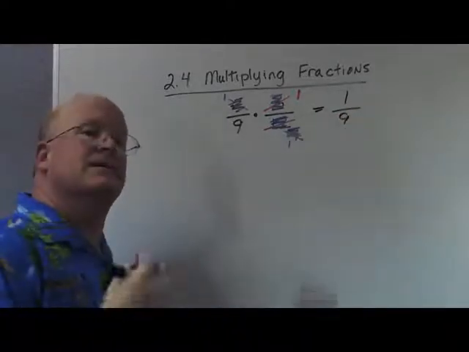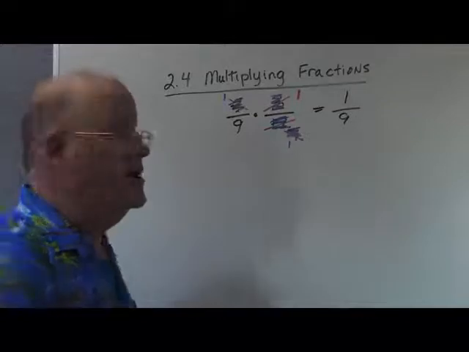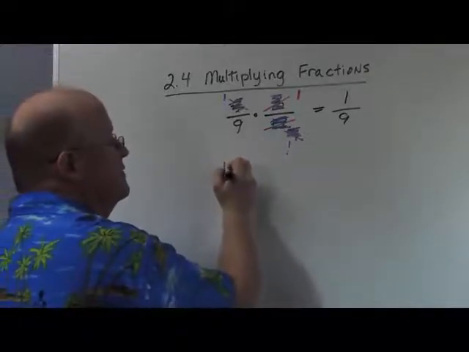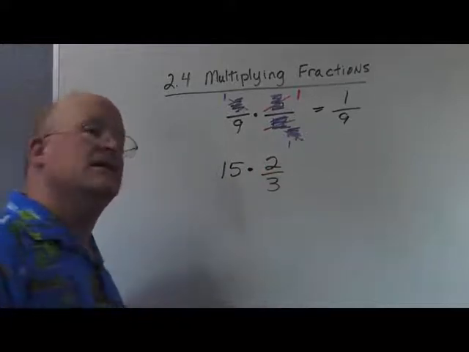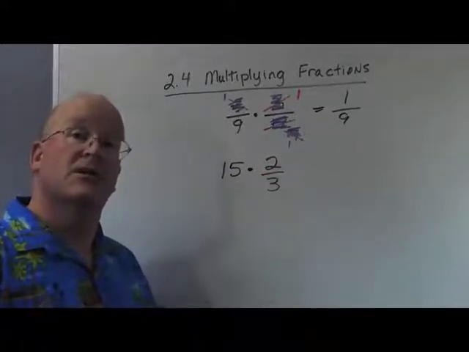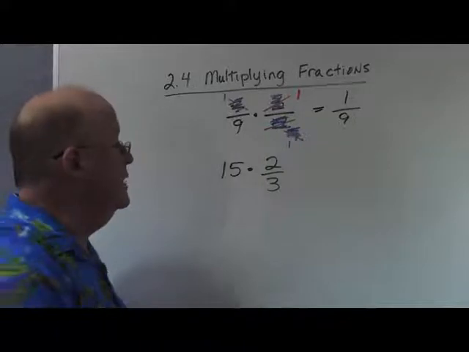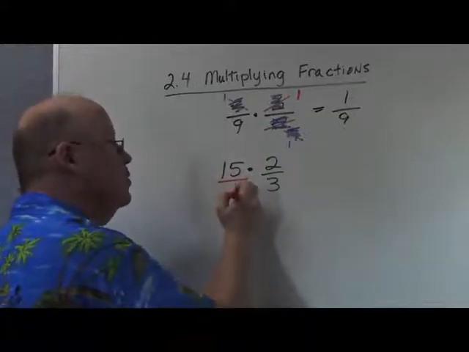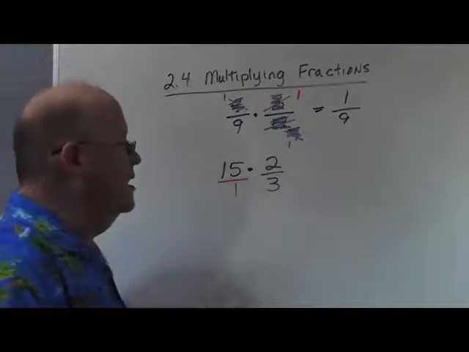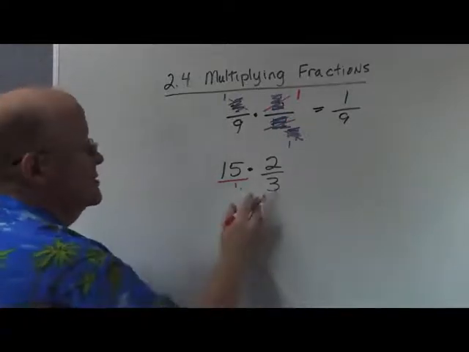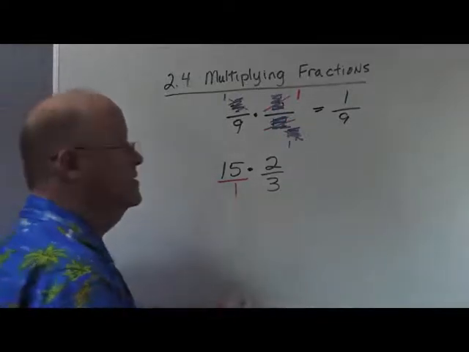Let's say you're asked to multiply a whole number by a fraction. Let's say we have 15 times 2/3. Anytime you are multiplying with fractions and you have a whole number, you want to write that whole number over 1. That's the only trick before you begin multiplying. Now, I'm going to reduce first. I notice 3 goes into 15 5 times.